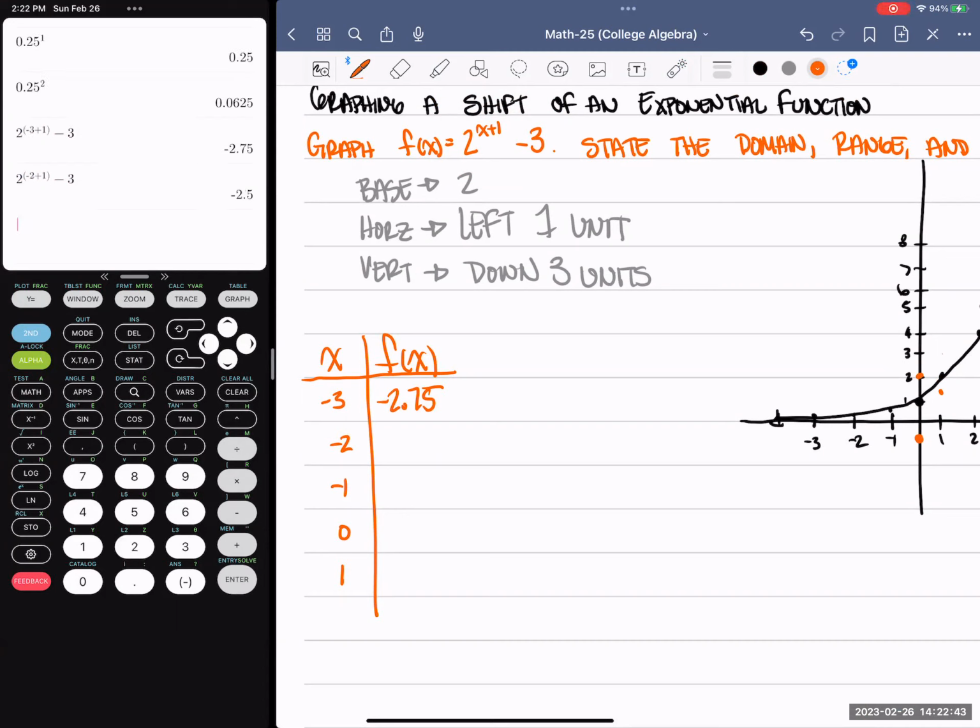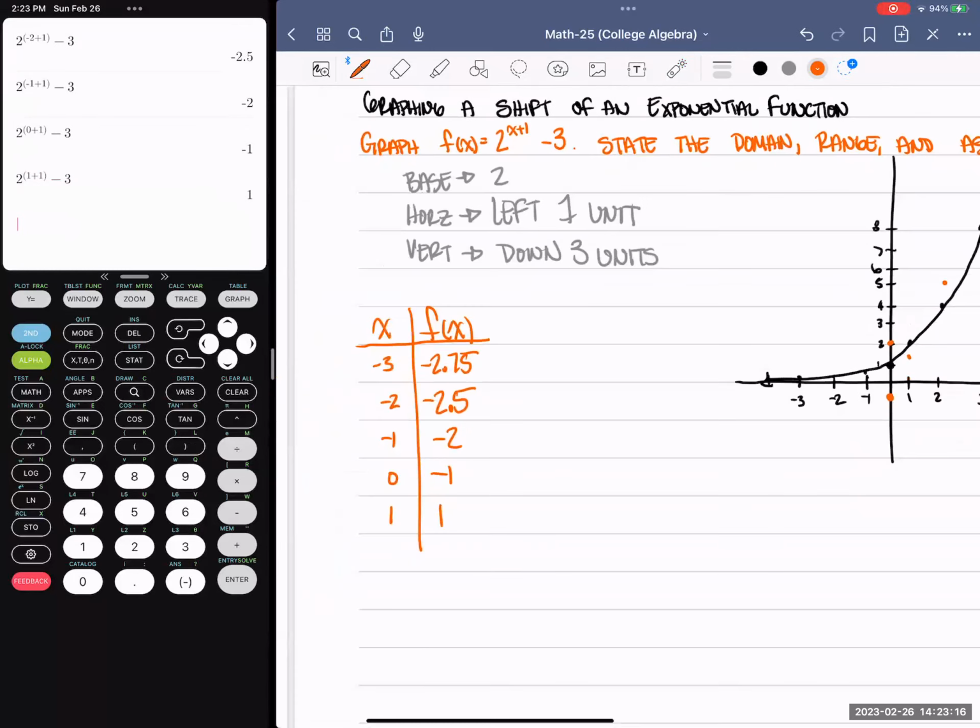So -2 is -2.5. Next is -1. That's -2. The next one is 0. That's -1. And looking at 1, that ends up giving us 1. So let's graph these and see where we're at.